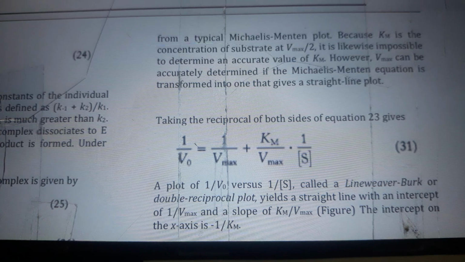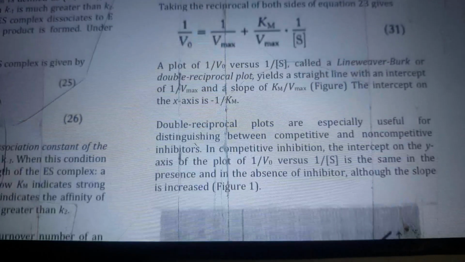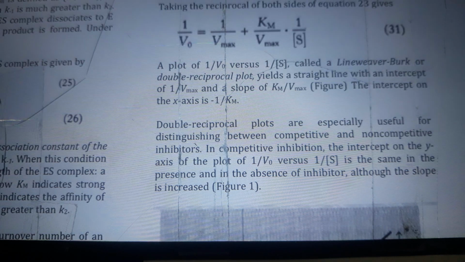However, Vmax can be accurately determined if the Michaelis-Menten equation is transformed into one that gives a straight line plot. Taking the reciprocal of both sides of equation 23 gives 1 by V0 is equal to 1 by Vmax plus Km by Vmax into 1 by S. A plot of 1 by V0 versus 1 by S, called a Lineweaver-Burk or double reciprocal plot, yields a straight line with an intercept of 1 by Vmax and a slope of Km by Vmax.